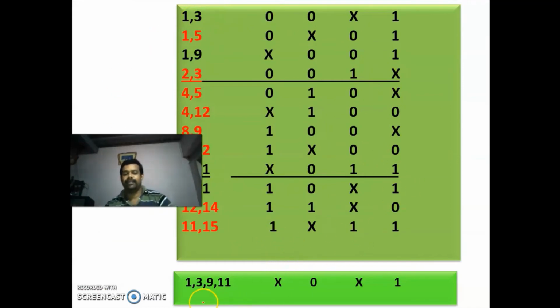After getting these prime implicants, we have to check whether the prime implicants got in step 3 are present in this set.